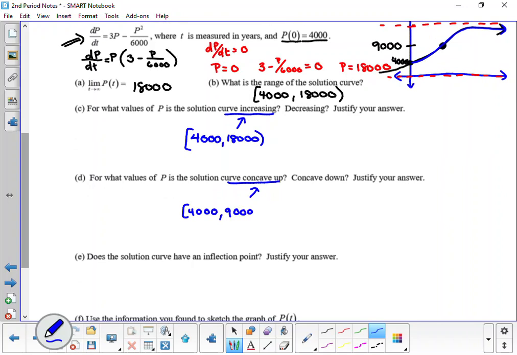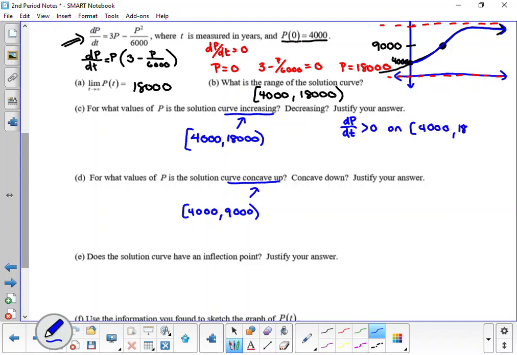How would we justify C? For C, you can just say within 0 and the limiting capacity, a logistic curve is always increasing. Or you could solve it. So there's two ways to justify. You could say dP/dt is always greater than 0 on the interval 4,000 to 18,000.